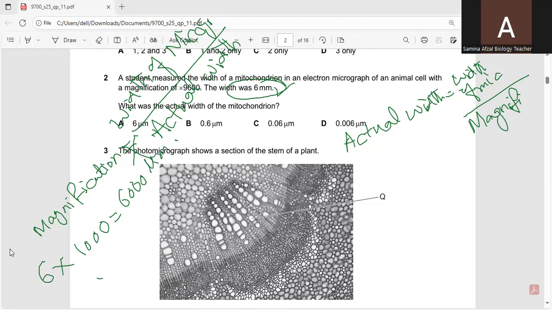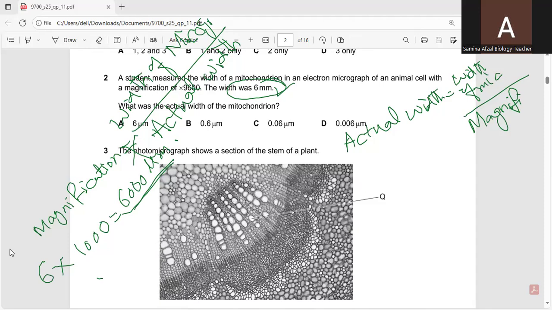We have to find out the answer in micrometer, because in all options they have micrometer, and in AS level we always measure in micrometer. Actually, there is no unit for magnification. If we are measuring the width or length or diameter, it should be in micrometer unit.